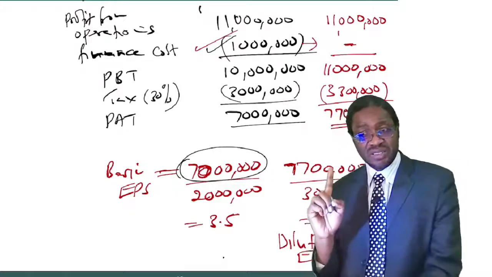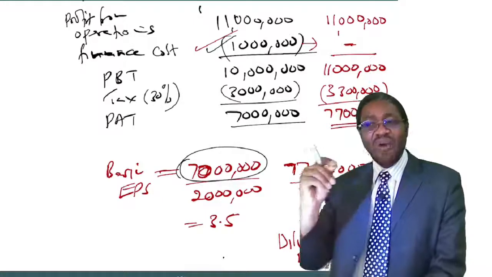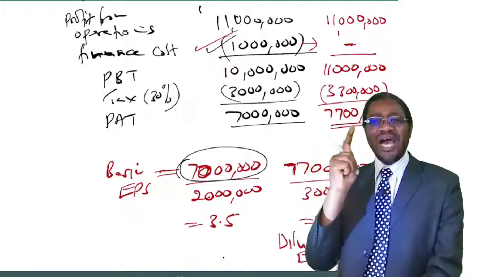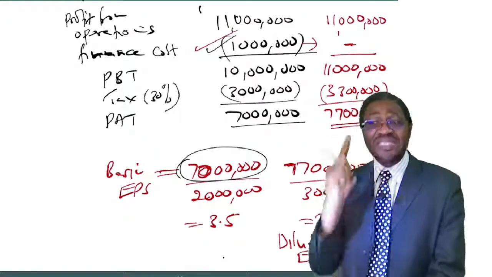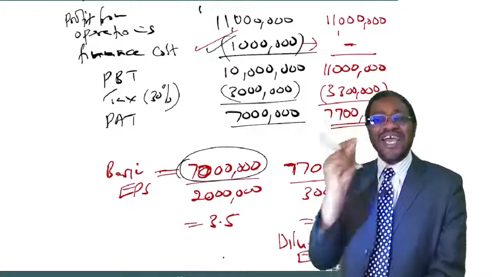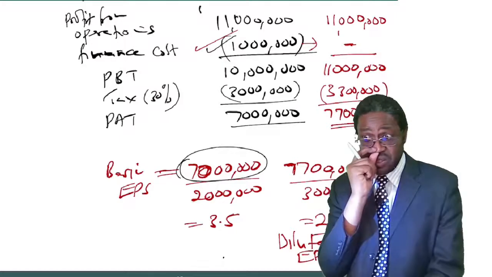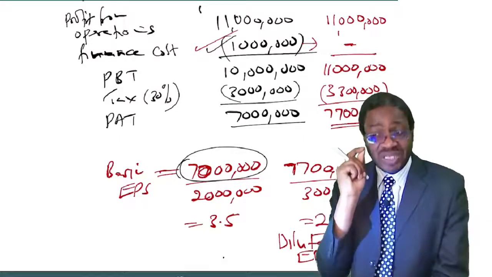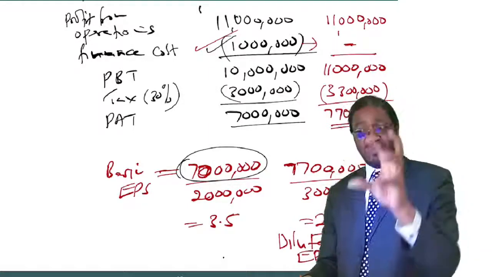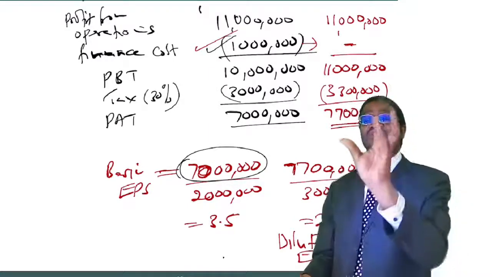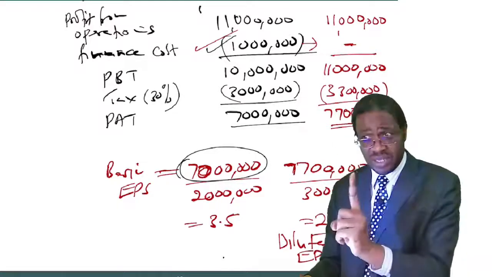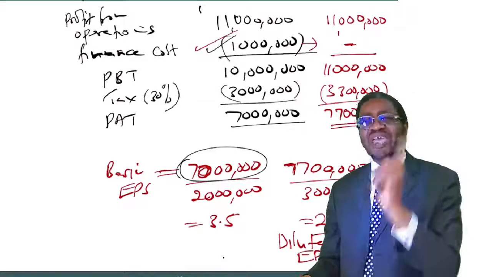Meaning now that our earnings will increase by the amount of the debenture interest saved, net of what? Net of tax. Our tax rate is 30% from this illustration. We would have saved interest of 1 million. So effectively, our earnings should have gone up by 1 million. But because interest is subjected to tax, we are now not saving exactly 1 million.